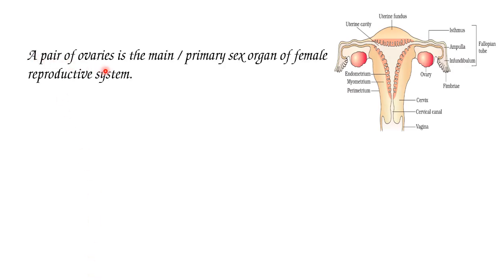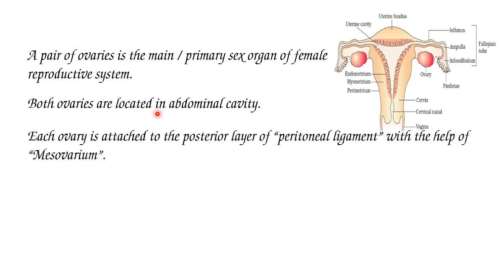A pair of ovaries is the main or primary sex organ of the female reproductive system. Both ovaries are located in the abdominal cavity. Each ovary is attached to the posterior layer of the peritoneal ligament with the help of mesovarium.